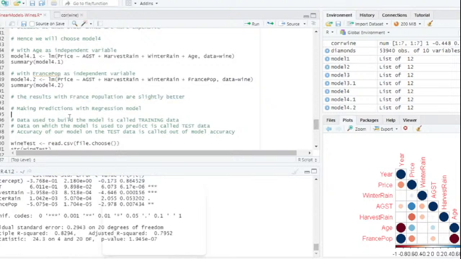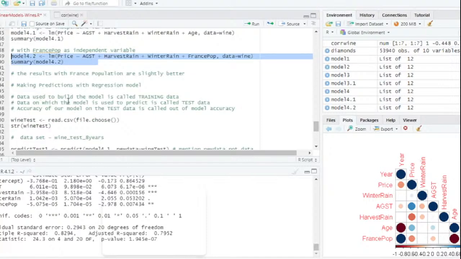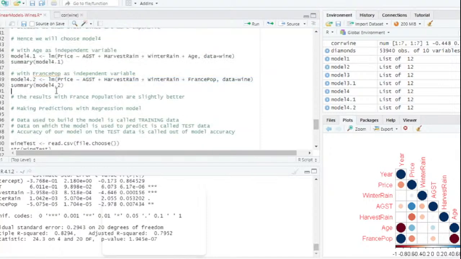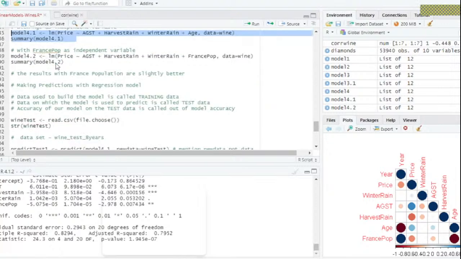Slightly better, but still with the inputs from industry experts, I will choose that model which has age in it rather than France population. Is that clear? Right? So all of you will choose the 4.1 model.